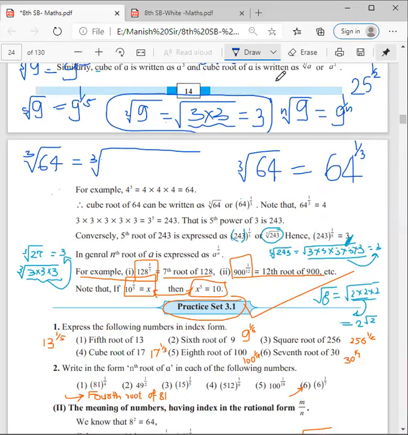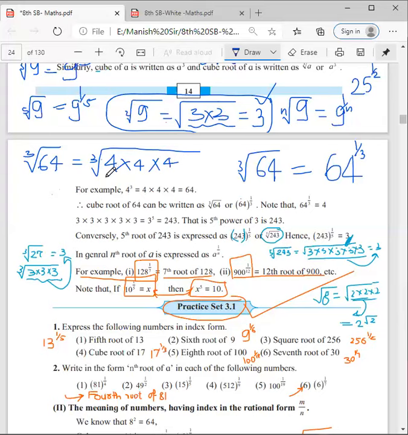Yes or no? In the same manner, if we find the cube root of 64, again we will find factors of 64. So I can write 4 into 4 into 4. 4 4s are 16 and 16 4s are 64.